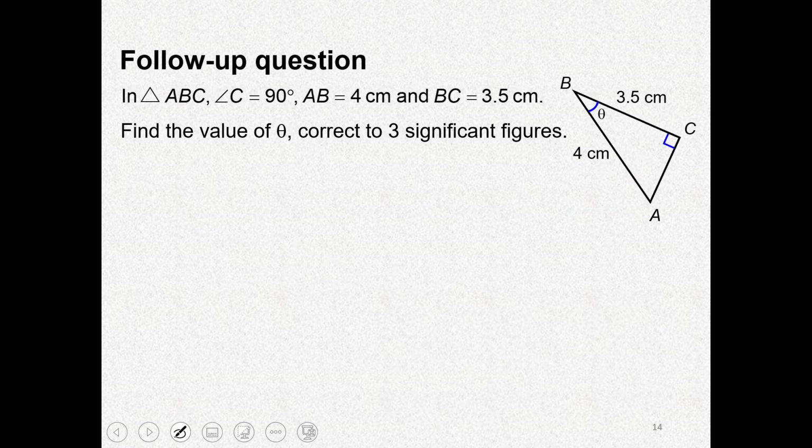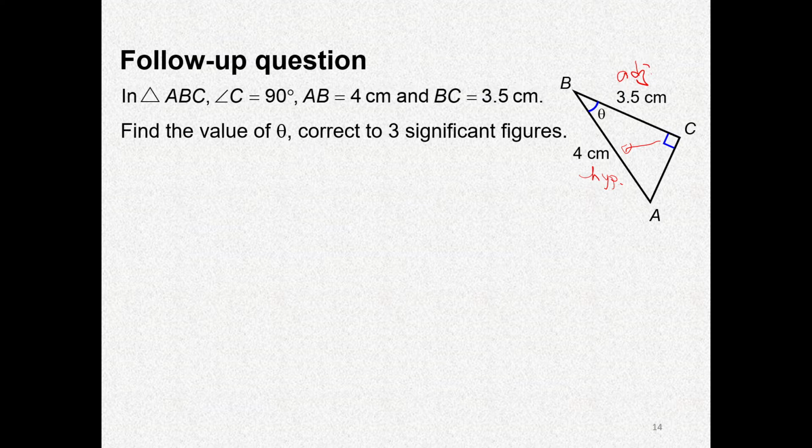So how about this question? We have to find out the unknown theta. What is the relationship of BC and AB to theta? BC is the adjacent side of theta, right? And then how about AB? AB is opposite to the right angle, so this is the longest one.